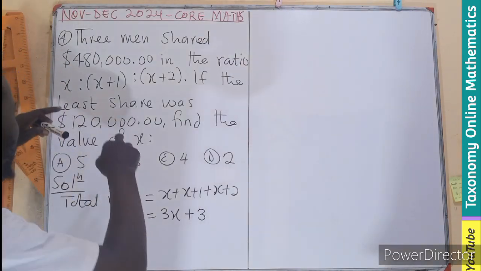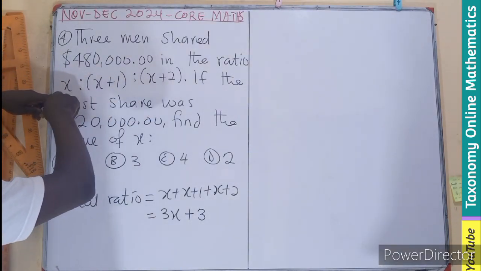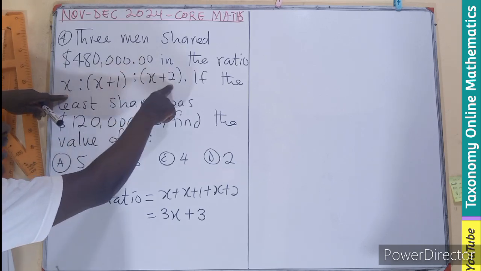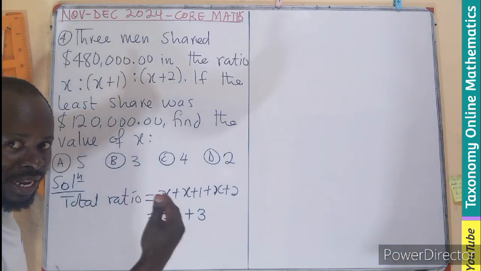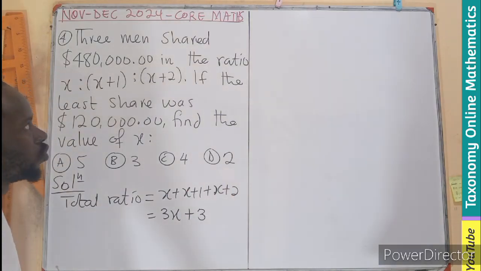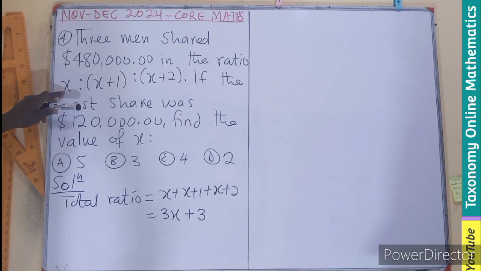Now, if you look at the ratio, since the x is common to all of them, it is the same value. Increase by 1, increase by 2, meaning the x is the least ratio, corresponding to the share for the man in the first place.